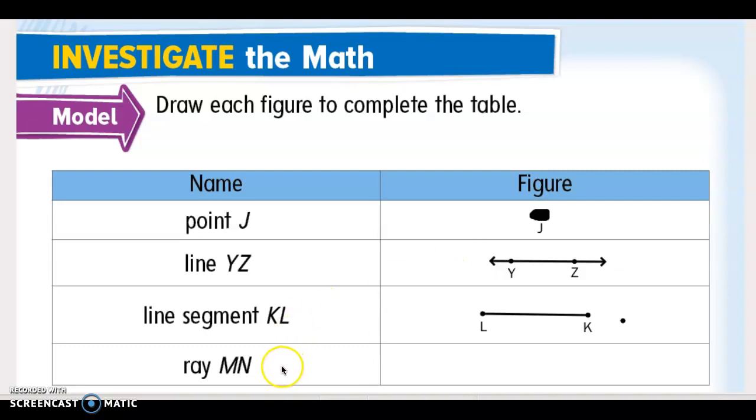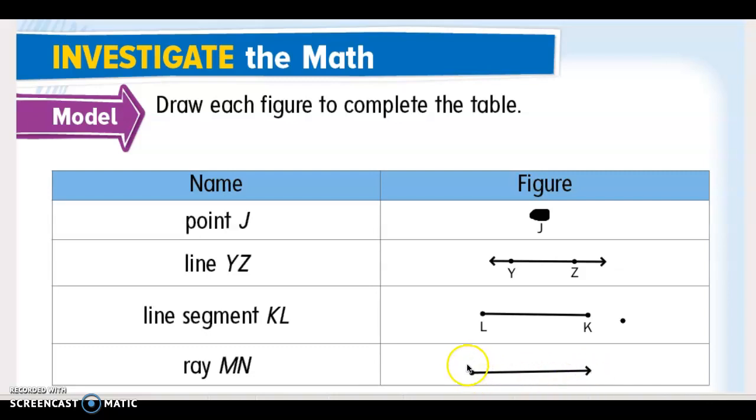The very last vocab word we're going to learn today is ray. Now, rays, kind of like the sun, is what I tell my students to remember. A ray has one endpoint, and the other direction continues on forever.